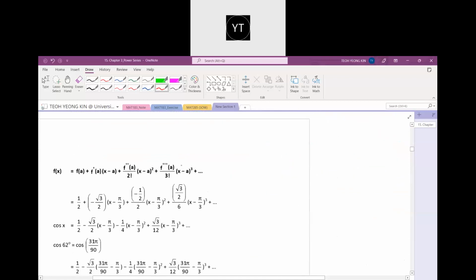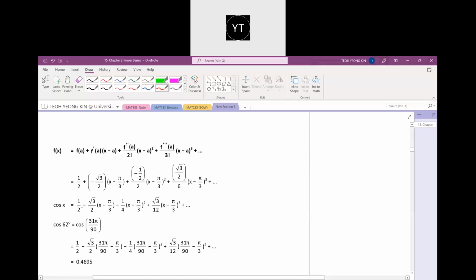And then here is the formula. Just substitute. 1 over 2, this is this one, and then over 2 factorial, this is the value of a. Substitute, and then simplify. So, here, cos 62. From 62 degrees, in order to change to radians, we have to multiply by pi over 180. So what you need to do is use 62 over 180 on your calculator.